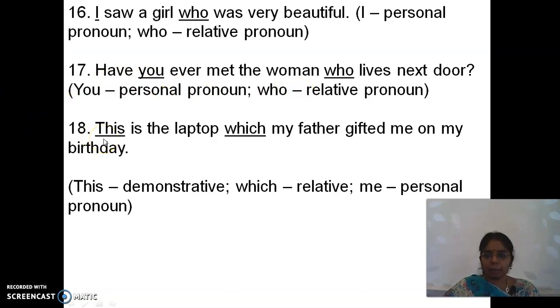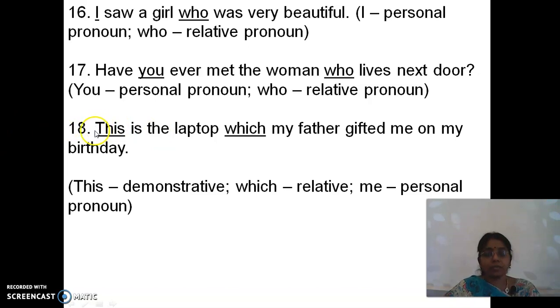This is the laptop which my father gifted me on my birthday. This is a demonstrative pronoun, which is the relative pronoun, and me, here I didn't underline me, is a personal pronoun.